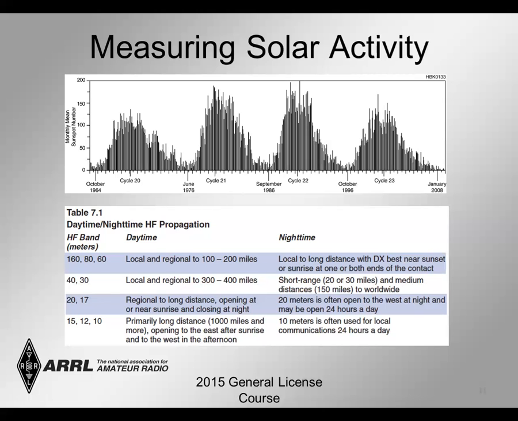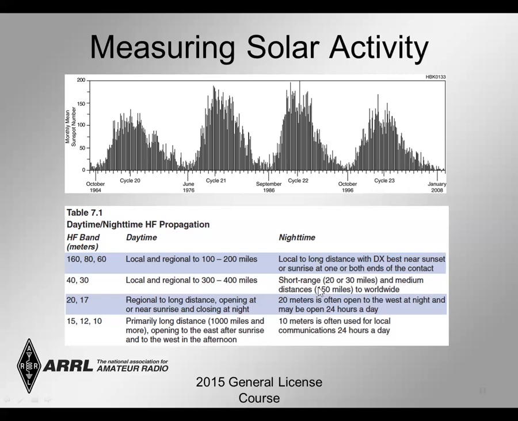I would say, just based on what I've seen, for example, on 40 meters during the day, you can generally get out to the Mississippi River, up into Canada, certainly down into Florida, and possibly a little farther than that.